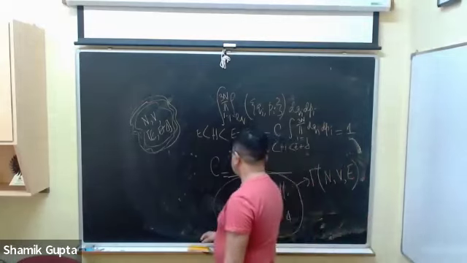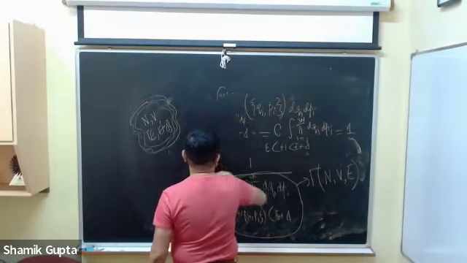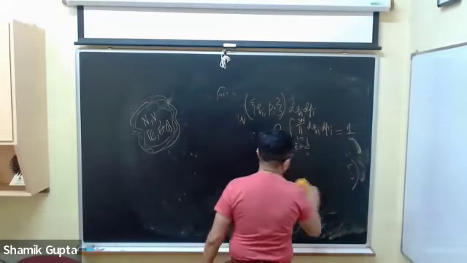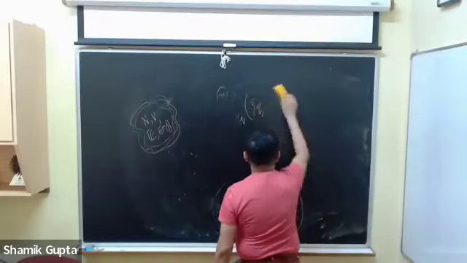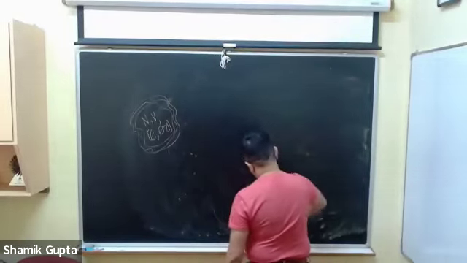So, combining everything together, what we find is that the microcanonical ensemble is given by these formulae.